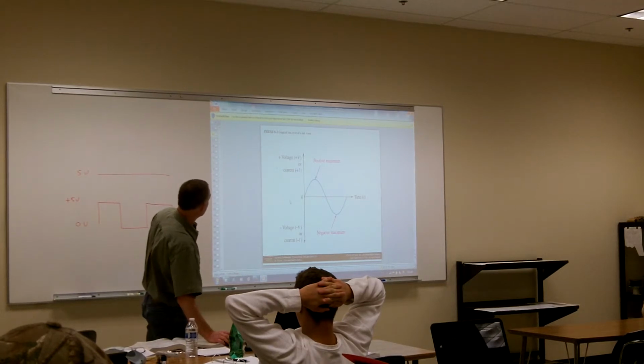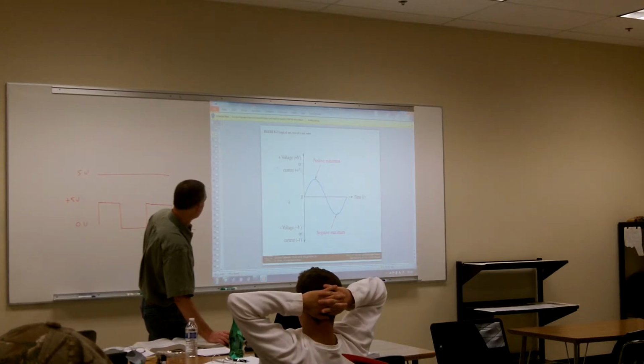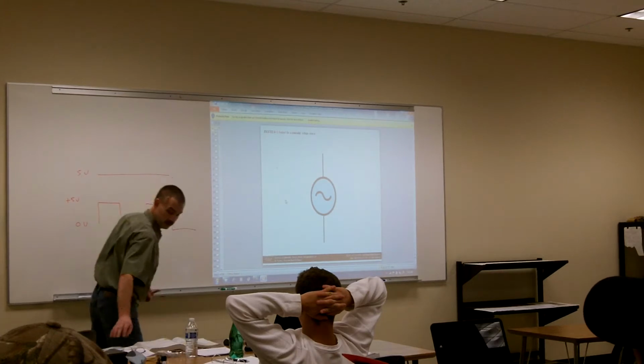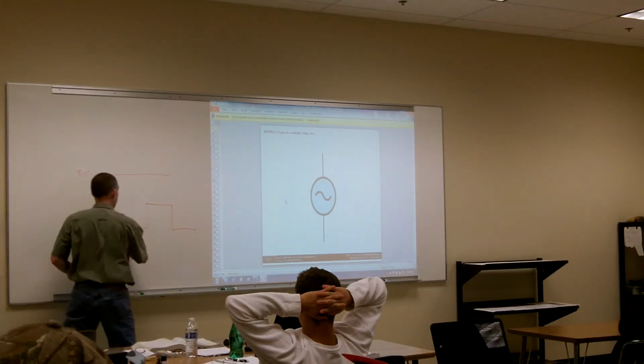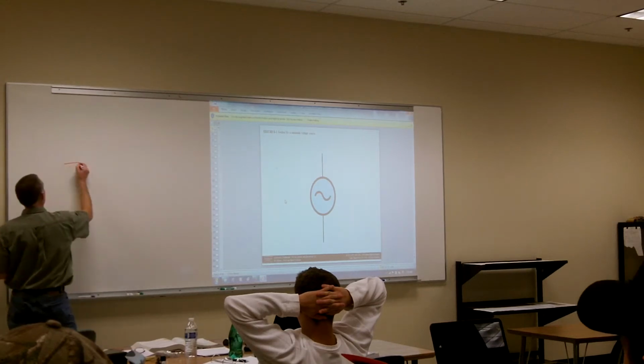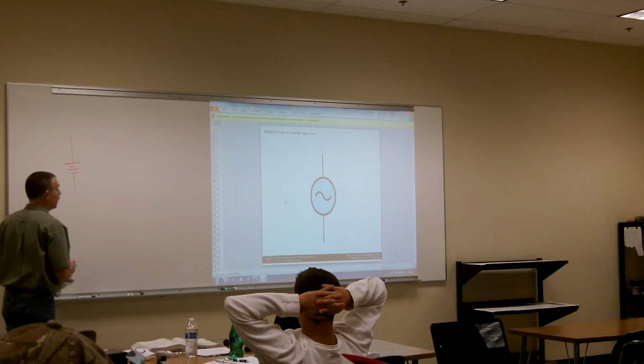All right, so this is our AC waveform, and then when we're doing our circuits, before we had our power supply that looked like that. That was our DC power supply.